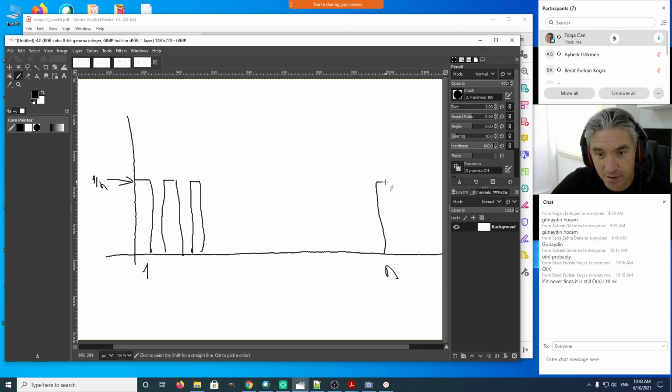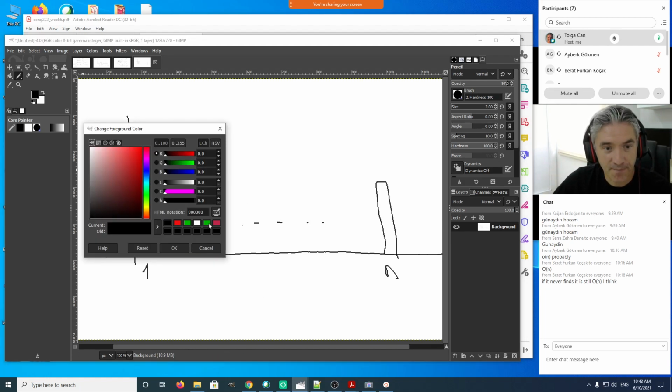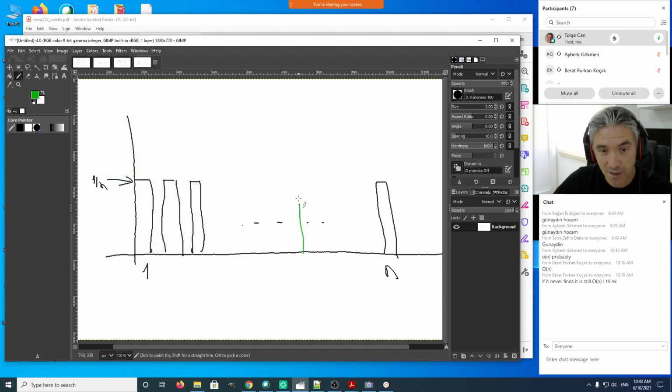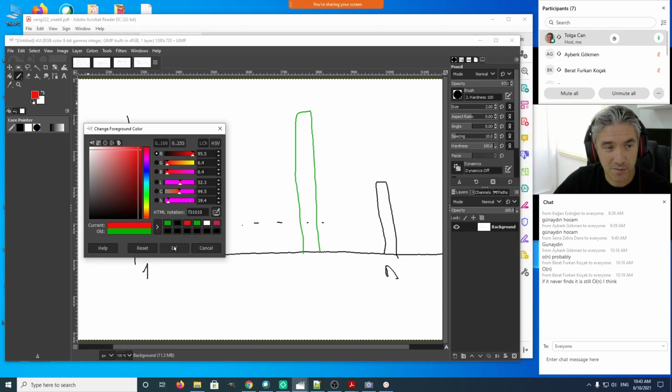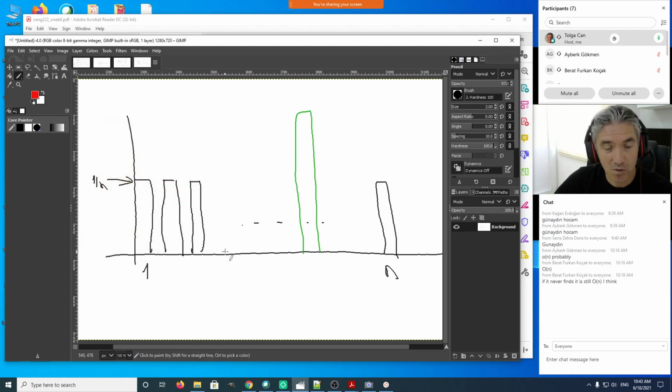But since it's an arbitrary discrete distribution, some of them have larger values, which means that some of them have to have smaller values.